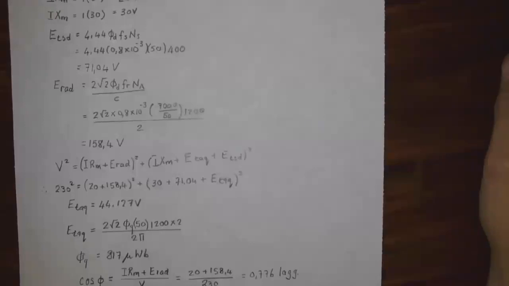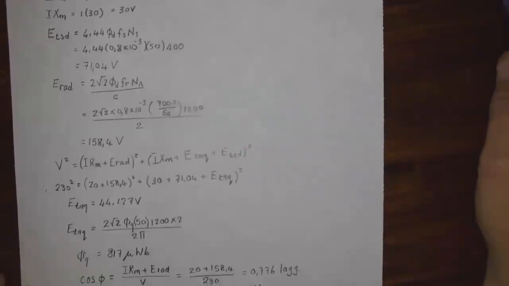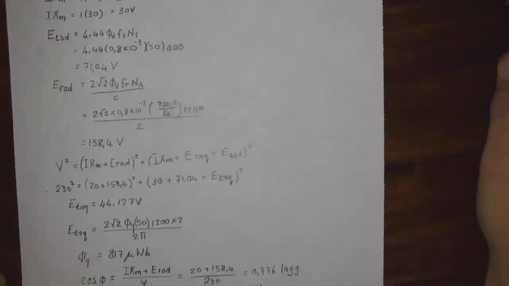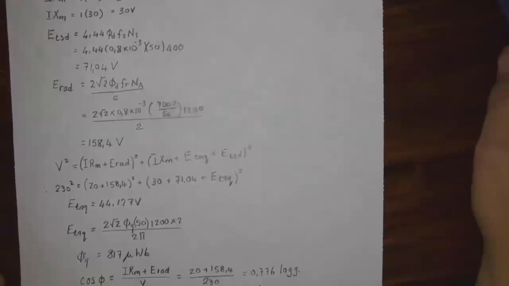The rotational EMF in the armature due to the direct axis flux is 2 square root 2 phi_d Fr Na over C. So that's 2 square root 2 times 0.8 milliweber, and the frequency is 7,000 revs per minute divided by 50 to give us the frequency, times 1,200 divided by 2, because C is wave wound and therefore C is 2.